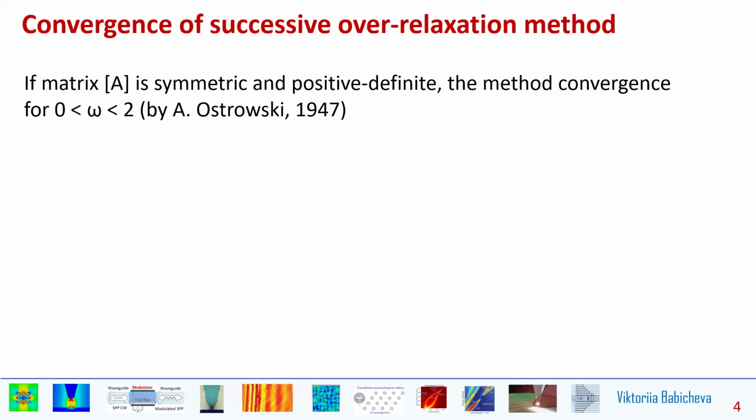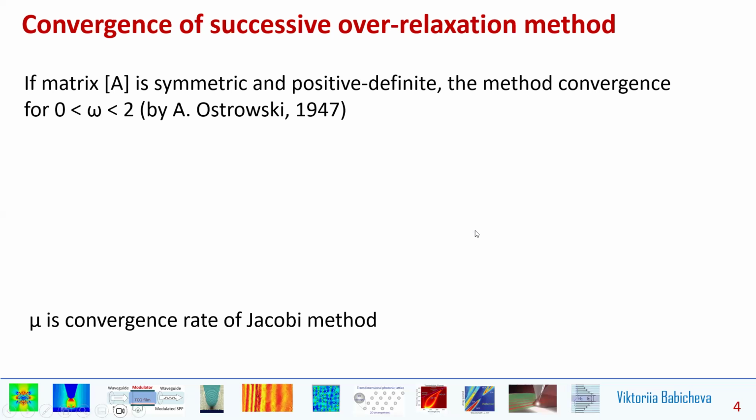So the convergence rate of the successive over-relaxation method can be analytically derived, but we operate with a number of assumptions. So then the convergence rate can be expressed in this form.